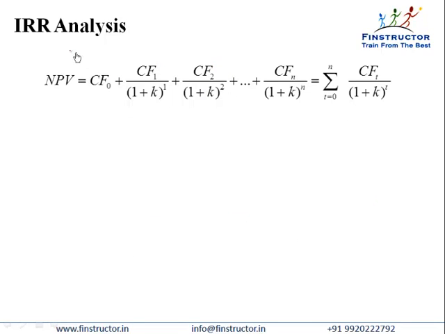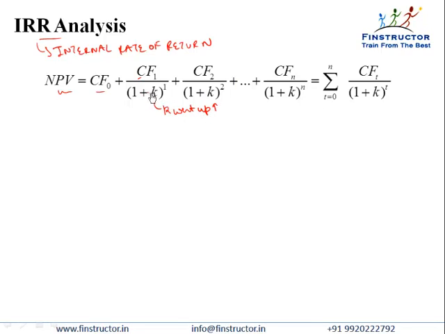A related concept is that of IRR. Now, IRR stands for internal rate of return. So just like NPV was the present value of cash inflows minus the present value of cash outflows, please tell me what would happen if this discount rate K went up.